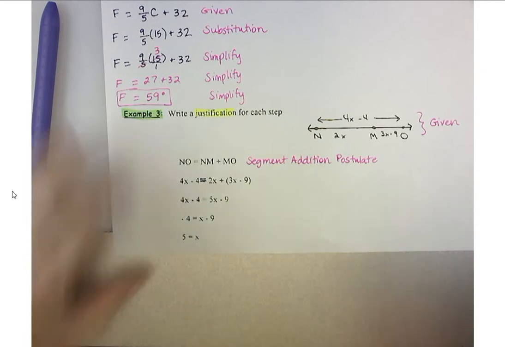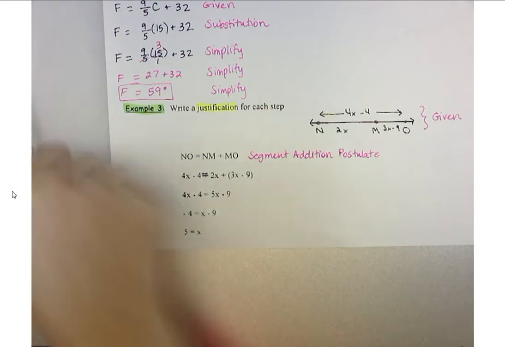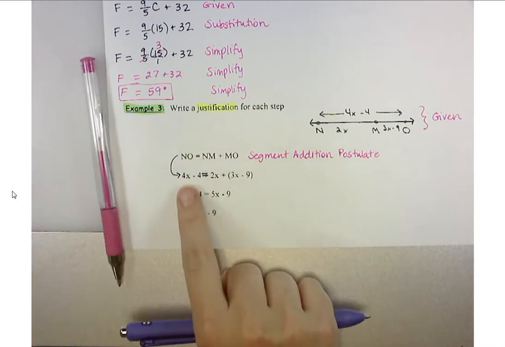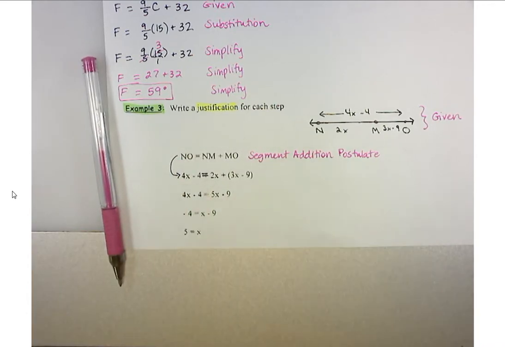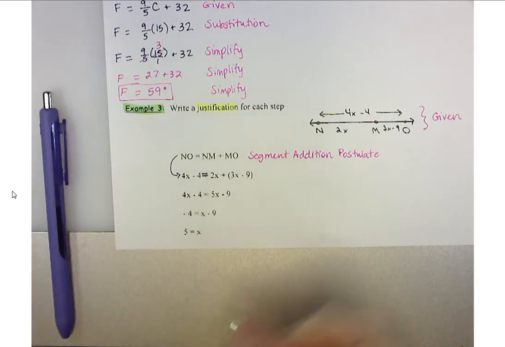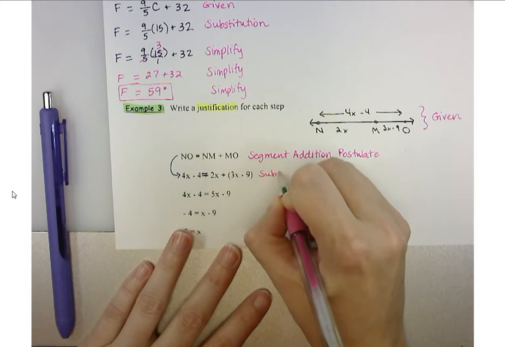Then we have to ask ourselves, how did we get from this step to this step? How did NO become 4x minus 4? Yeah, Julie? What is it called when you replace it? Substitution. Good. So this is our substitution.